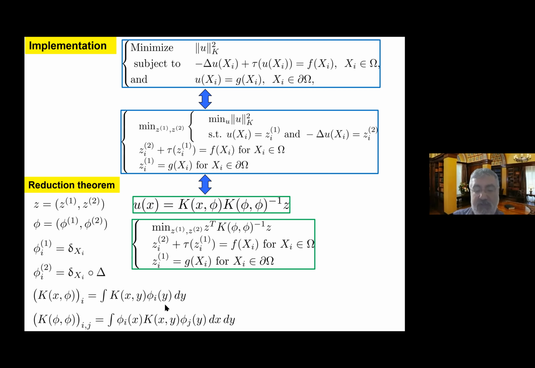If you integrate this expression by parts, what you end up evaluating is the kernel K at the collocation points and the Laplace derivatives of the kernel K at collocation points. So in practice, you're never going to directly take the Laplacian of some arbitrary function u. The only thing that you need to compute the Laplacian of is that kernel K.